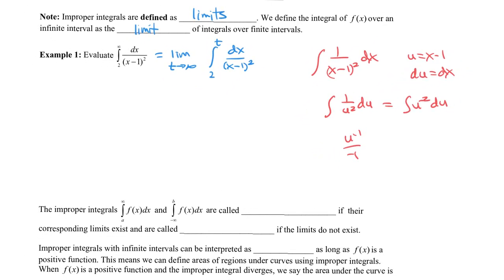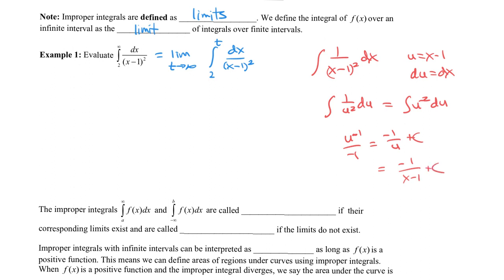It's much easier to write this as negative 1 over u, because u to the negative 1 brought down is a positive 1, and dividing by negative 1 makes the answer negative. So we get this plus c. This would be the answer to this little one over here. And then we substitute back in, so we get negative 1 over x minus 1 plus c.